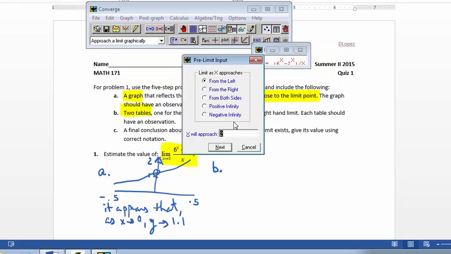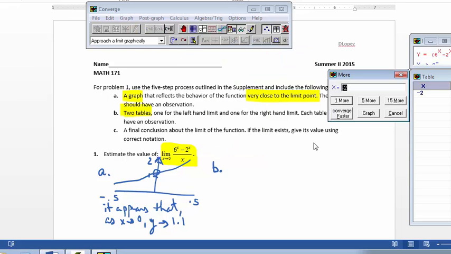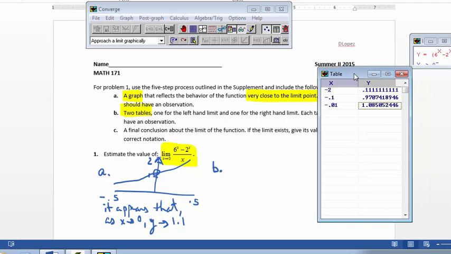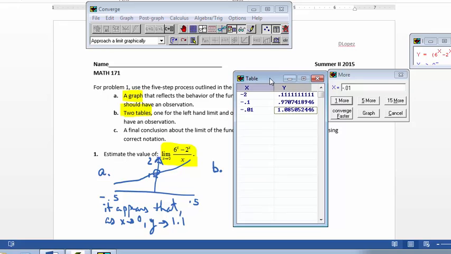And I want the limit as x approaches 0 from the left. So I want to put in negative 0.1, negative 0.01, negative 0.001.